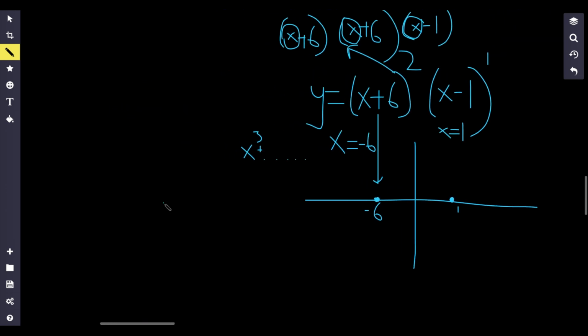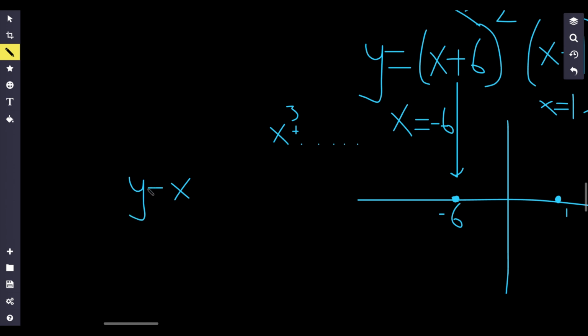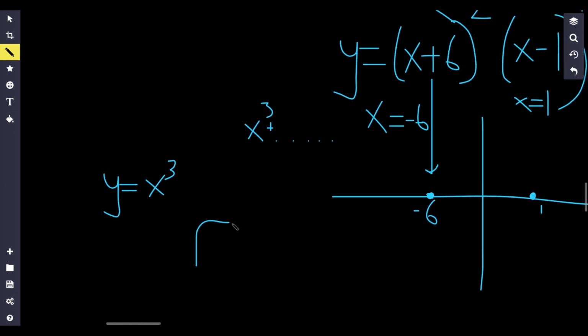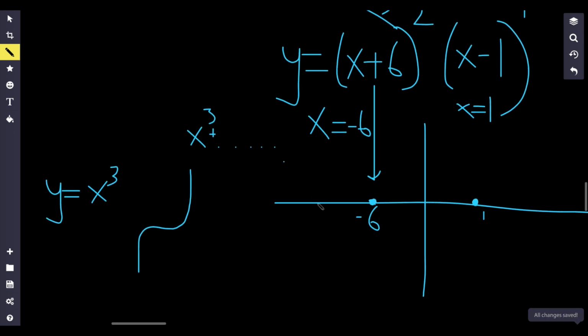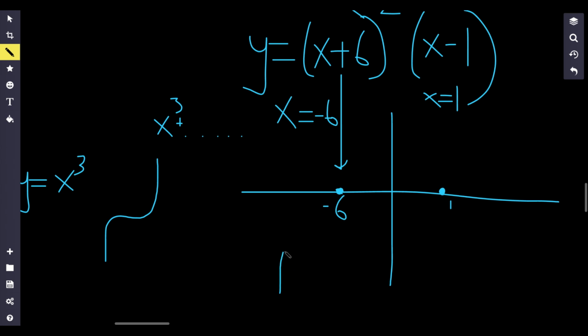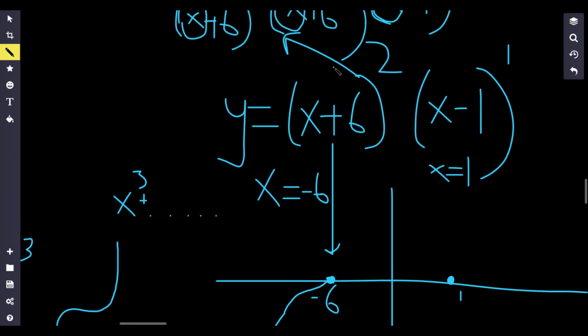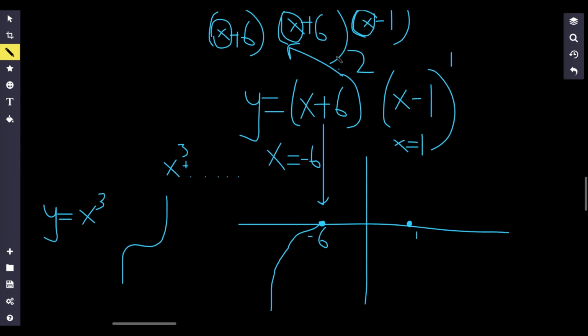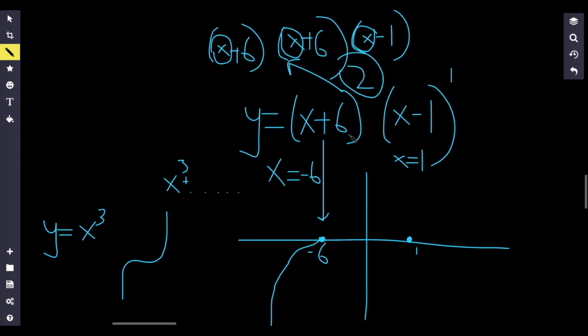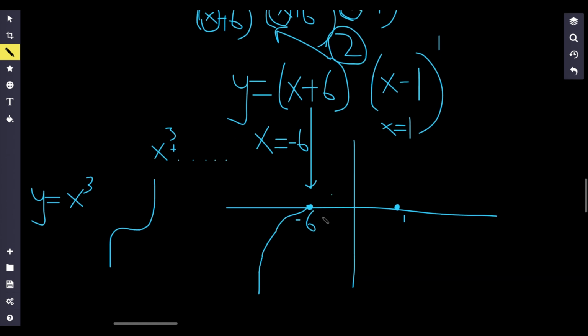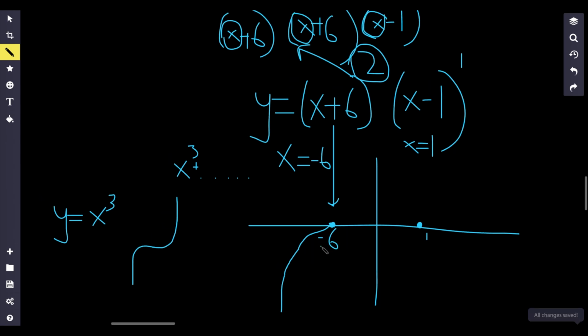Now we know that the function y equals x to the third power looks something like this. So we can sketch the beginning of that. We know it's going to hit this root. Now, in our function we have an even exponent corresponding to this root, and remember, when the exponent of the root is even, it's going to stay on the same side, so it's not going to cross the x-axis.